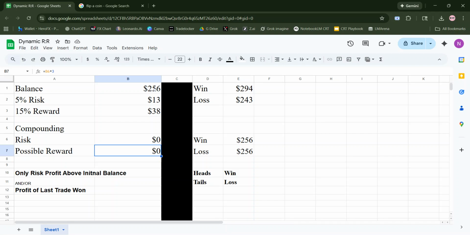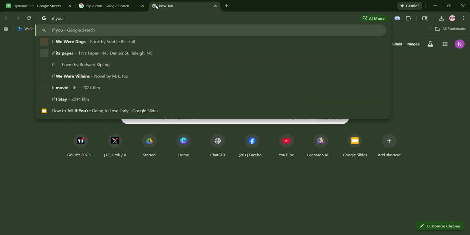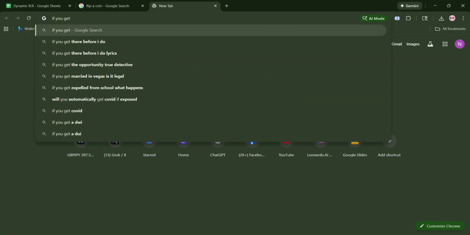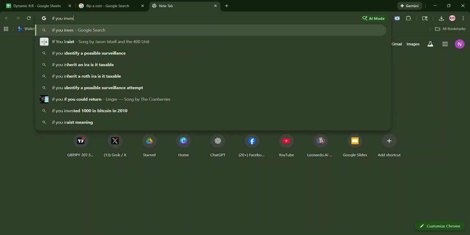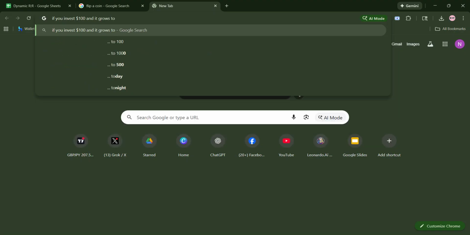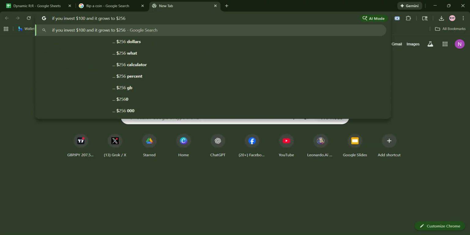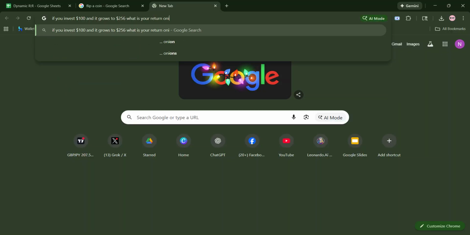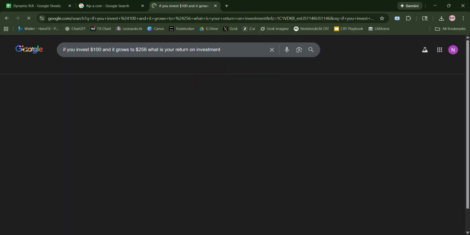I've doubled my money in these few trades that I've taken just by flipping a coin. And it's the same in trading. It's still 50-50 odds. All right. So I've shown you how to, let's see here. If you invest $100 and it grows to 256, what's your return on investment?